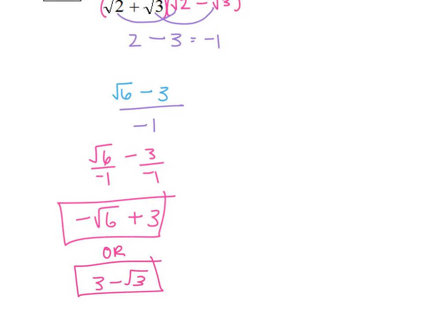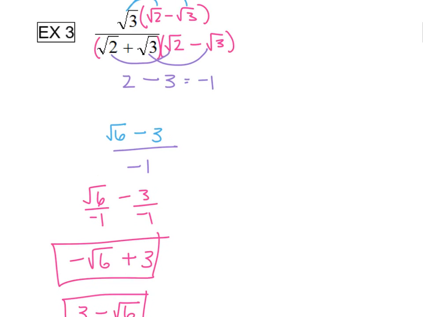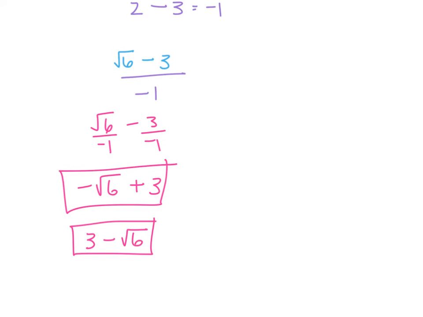That has the same value. Don't rush through this stuff like I am for some reason. So 3 minus the square root of 6. There we go. So these two are the same. I would accept either one as your answer. This is a negative square root of 6 and a negative square root of 6, a positive 3 and a positive 3.